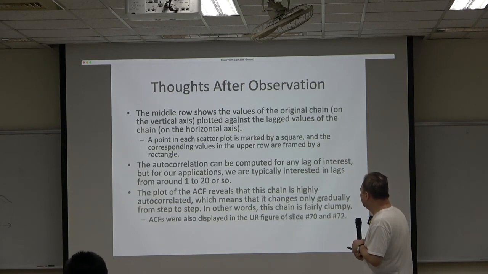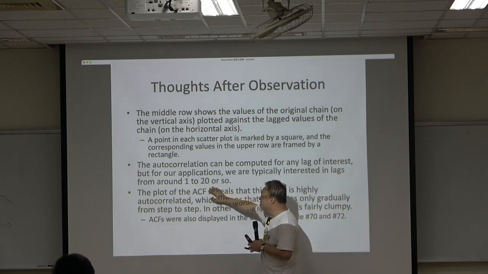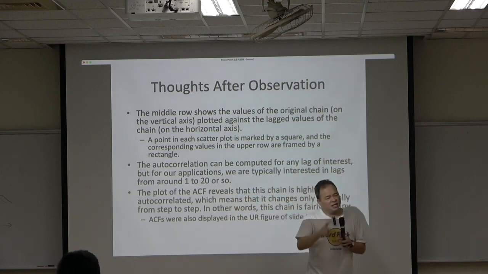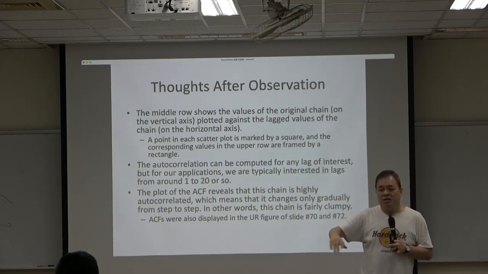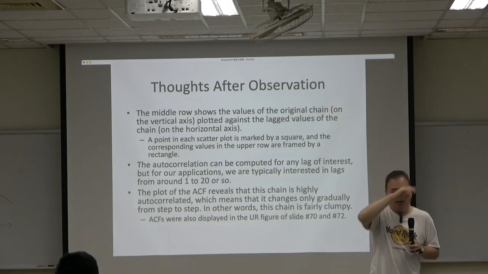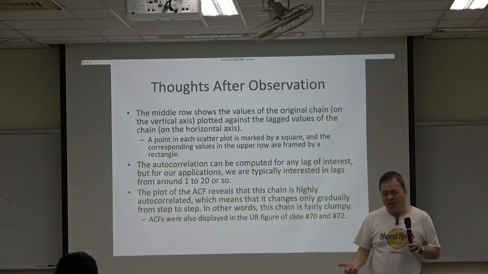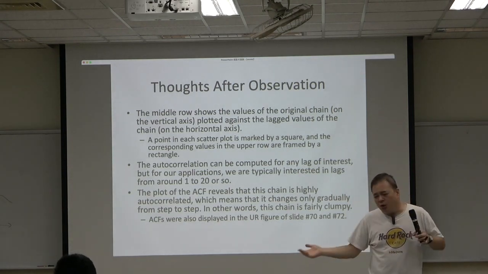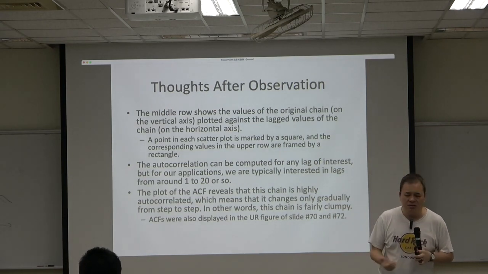The autocorrelation can be computed for any lag of interest. But for our applications, we are typically interested in lags from around 1 to 20, because if the k value is too big, it reduces quickly. If k is higher than 20, pretty much all kinds of time series data will have very low autocorrelation anyway.